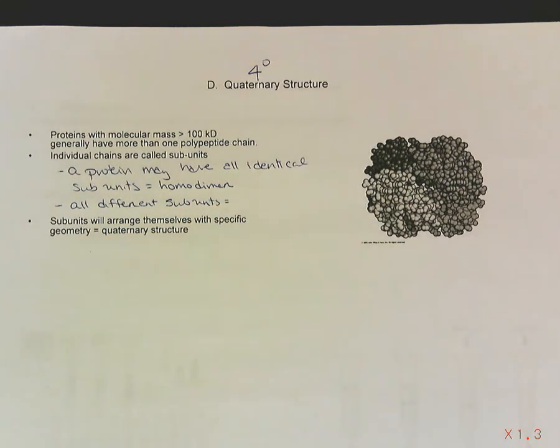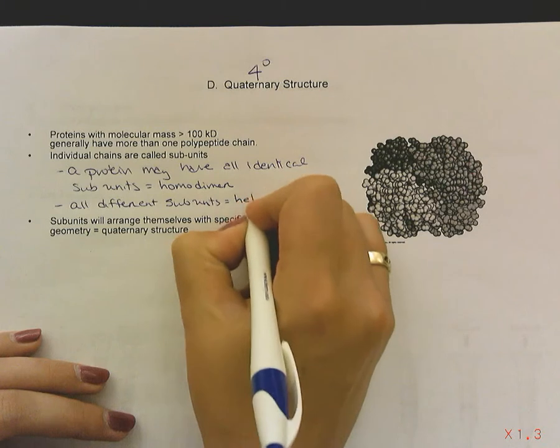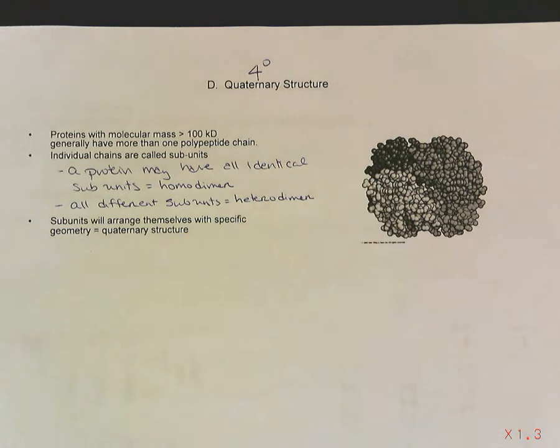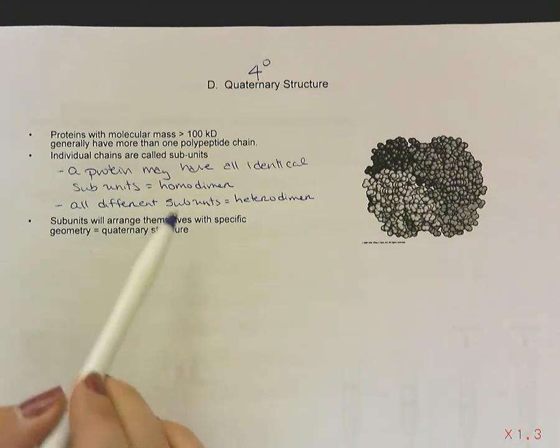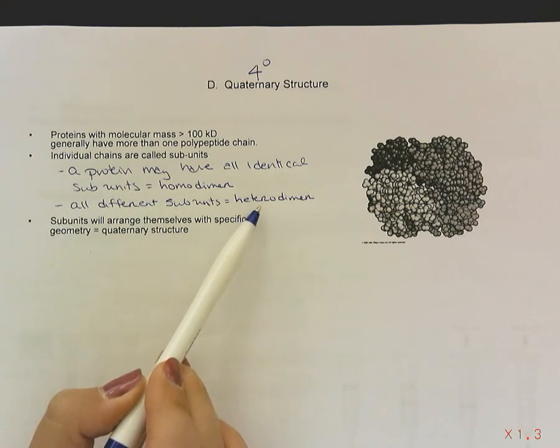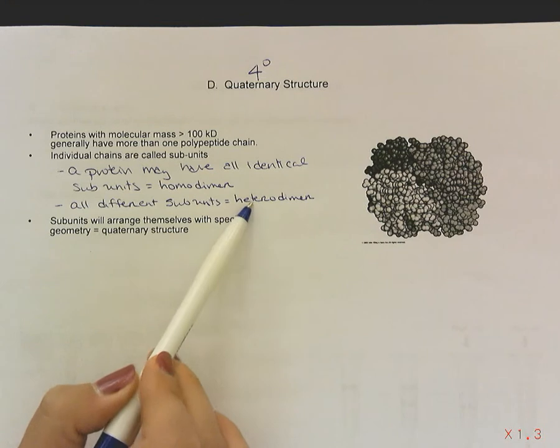Any guesses on what you would call it if it's all different subunits? Very good. Everyone knows their prefixes. So, two ways we could combine them. We could have all four the same, or they don't have to be all four different, but the idea is they're either all the same or not all the same.